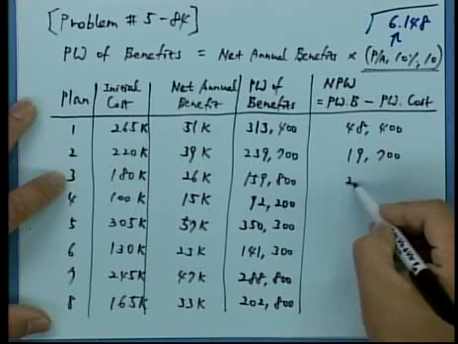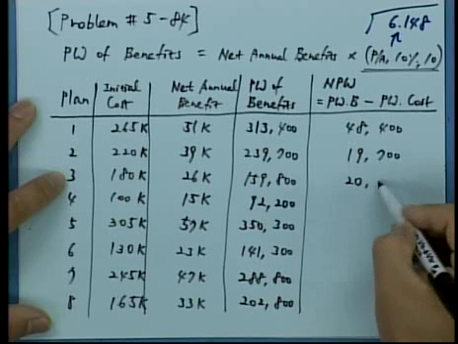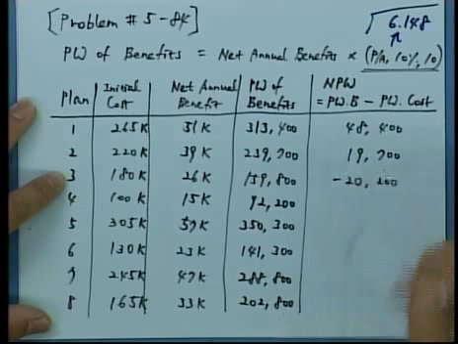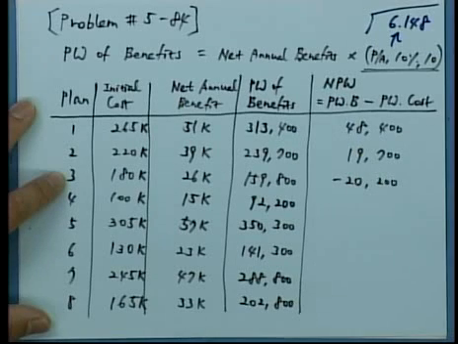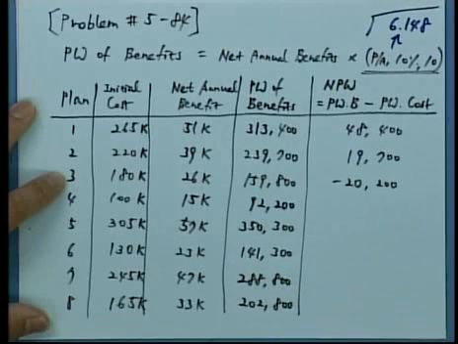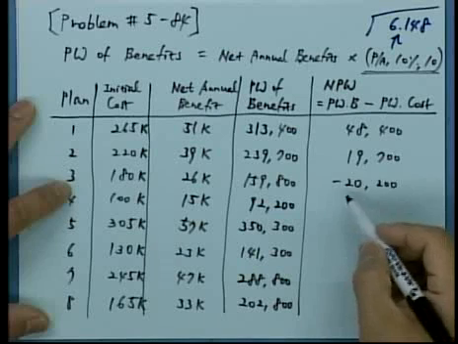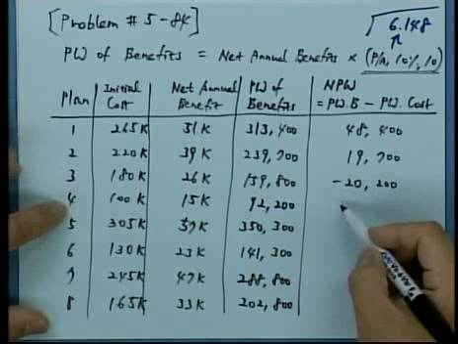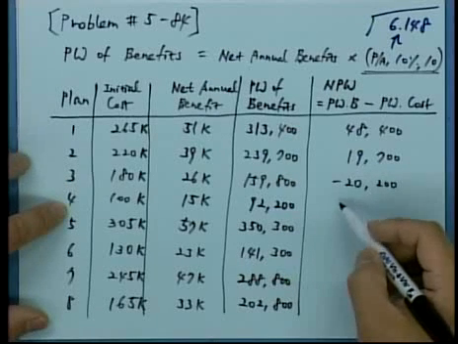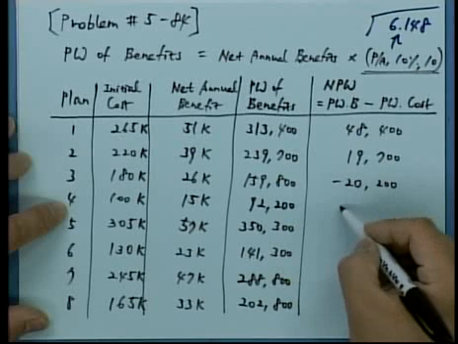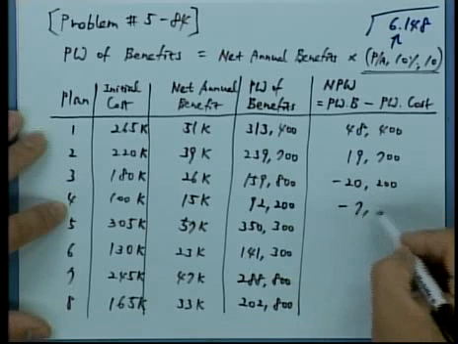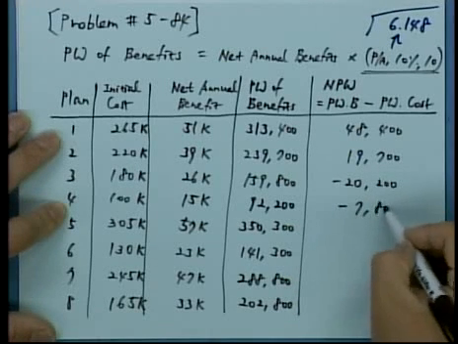It's going to be 20,200, but negative. Okay. And the next one, net present worth for plan number 4, is also a negative value, negative $7,800.